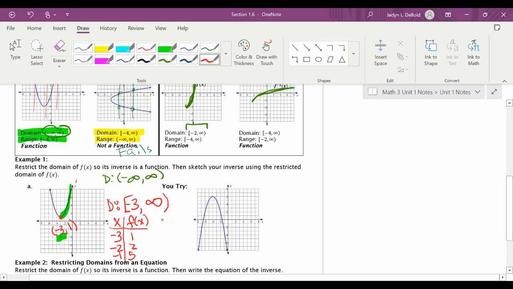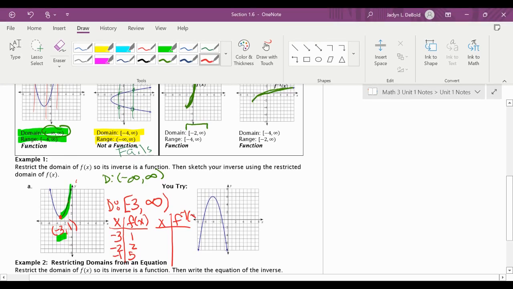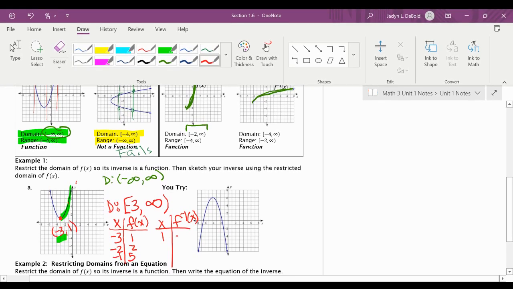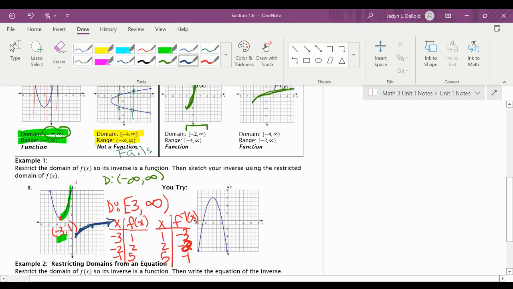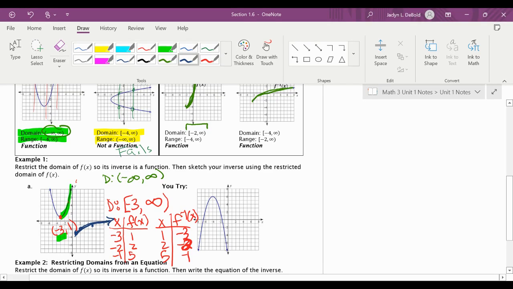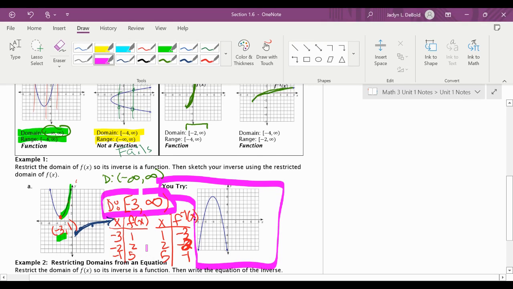If I was to graph the inverse, I would just flip it around. So I would have 1, -3, 2, -2, 5, -1. So if I go ahead and plot that, it would look something like this, and I'm just going to graph that one piece. The you try, that's going to be for you to try out. We'll check that next time. But again, same process. You're going to restrict the domain and then flip a table and graph.